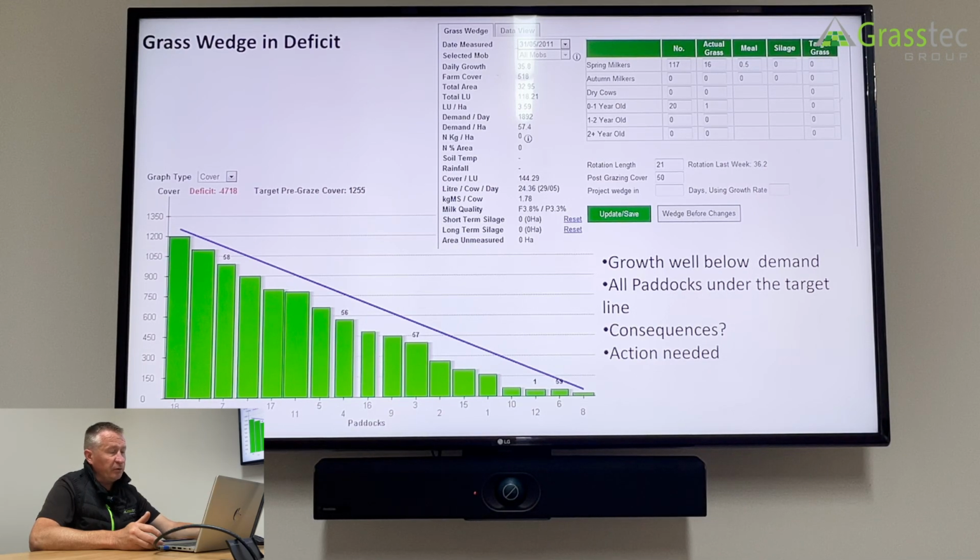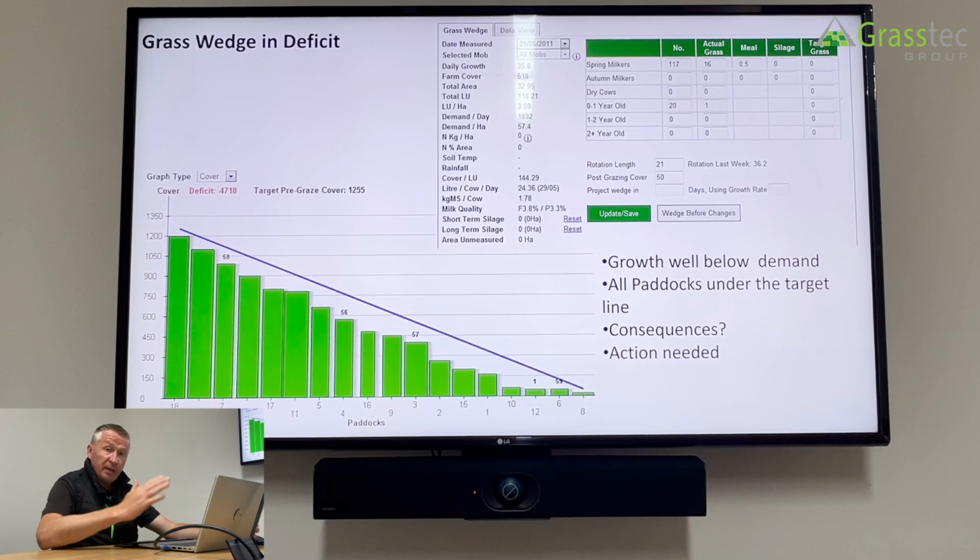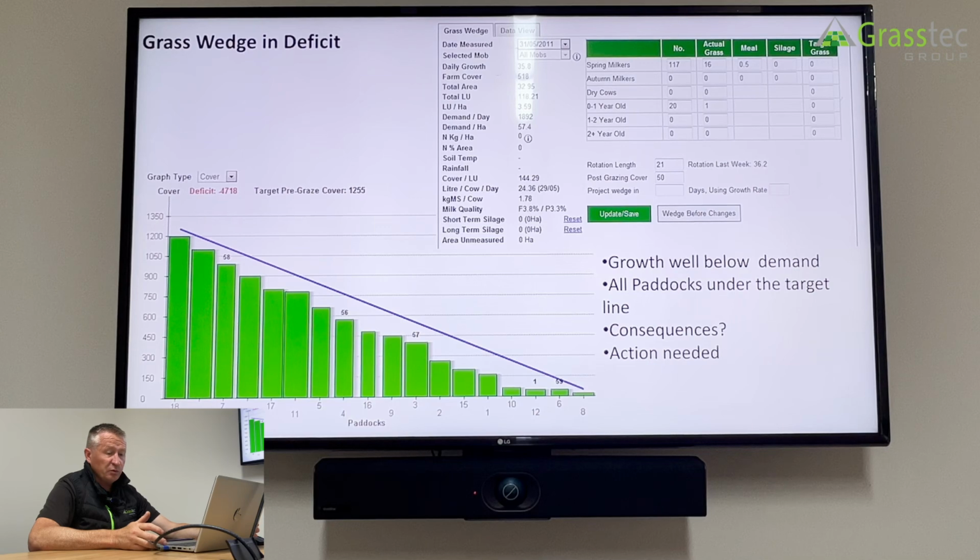Push it down on top of those green bars. So you reduce the amount of grass intake by increasing concentrates or increasing other feeds in the diet. That'll drop the demand, and that'll drop the line, so that you have both in equilibrium. And that's what most people will have done over the past 2 or 3 weeks, just to slow down the movement through the paddocks, to be able to cope with the low growth that they're experiencing.